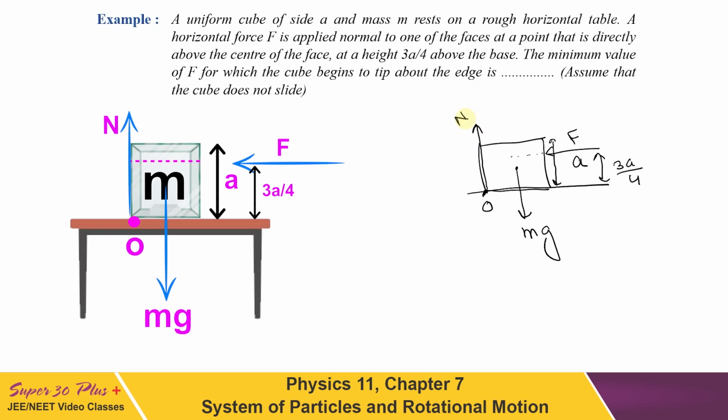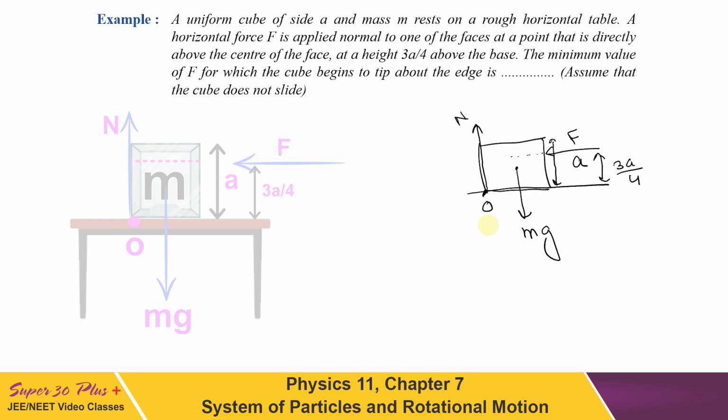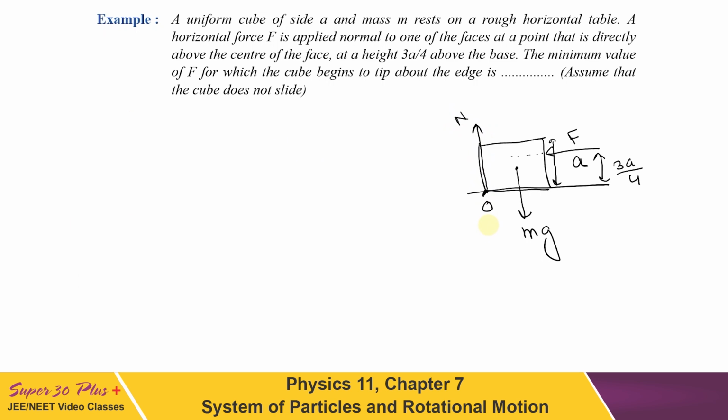So if we write net torque about O, it has to be equal to 0, because we are considering just the limiting condition, and this will lead to F multiplied with the perpendicular distance from O, 3a by 4. So F into 3a by 4 has to be equal to mg times the perpendicular distance, which is a by 2.